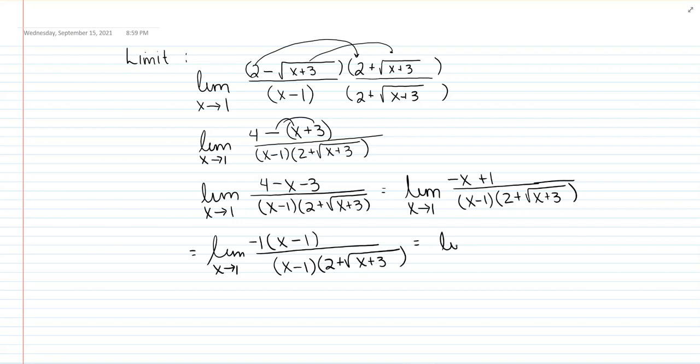So I have the limit as x approaches 1 of negative 1. The x minus 1's cancel, and I have on the bottom 2 plus square root x plus 3.